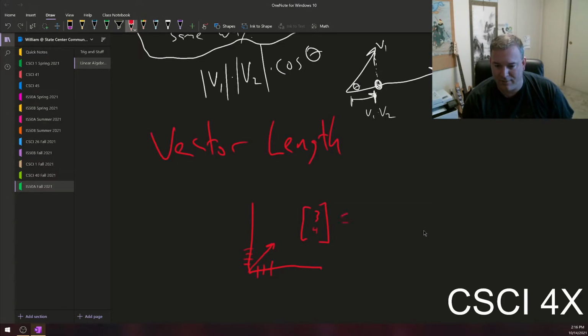The vector length, let's call this guy v, the vector length, which we write like this, that's an absolute value sign, is going to be what? How long is v? We know that it is a triangle, essentially. It's a right triangle, where one side is a 3, one side is a 4, and we're trying to figure out the size of the hypotenuse.